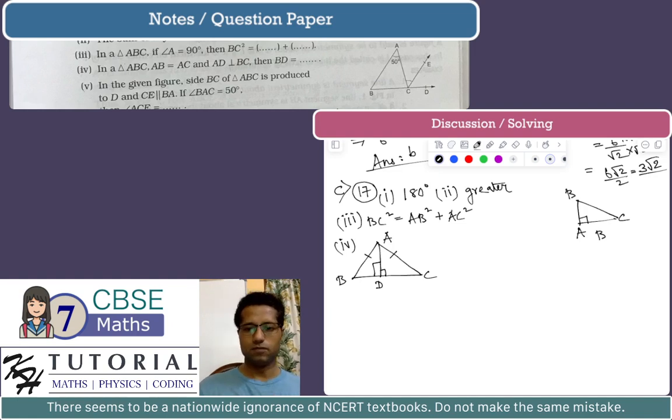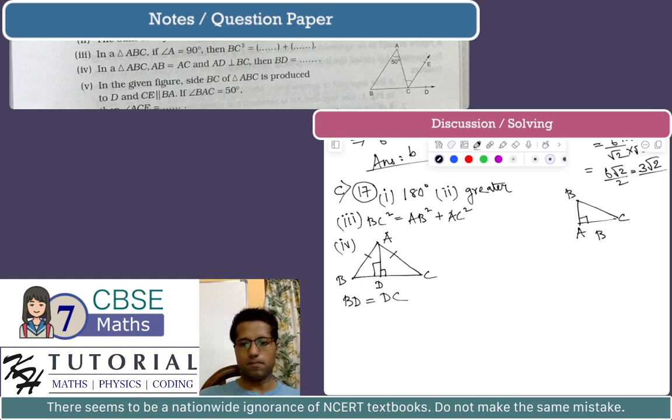Then BD equals to, always remember that in an isosceles triangle, if you draw a perpendicular from the angle included between the two equal sides, that is AB and AC, on the opposite side, then the perpendicular bisects the opposite side. So AD is bisecting BC. So this implies that BD will be equal to DC.